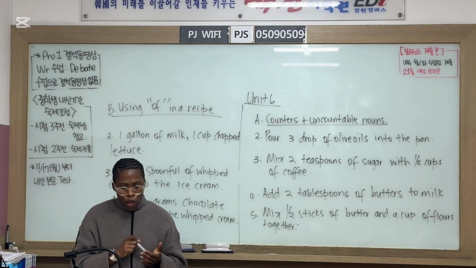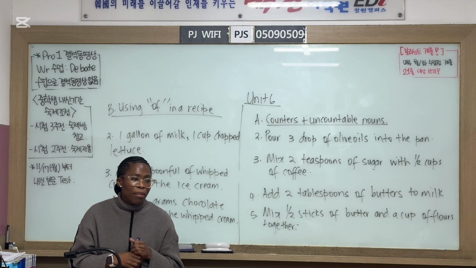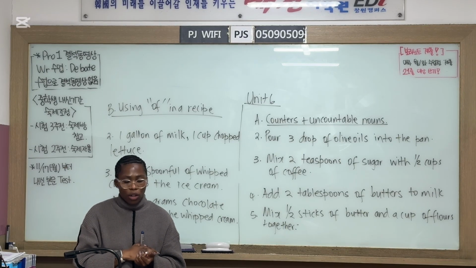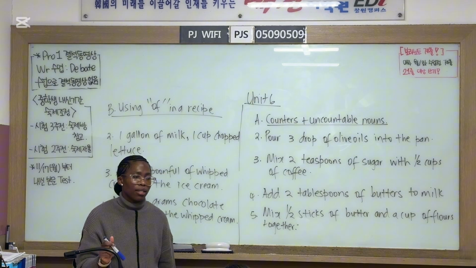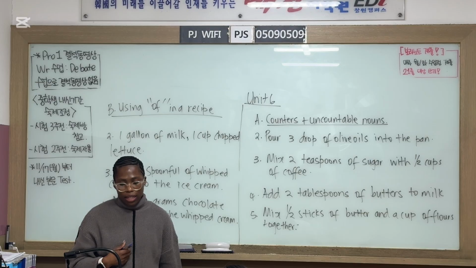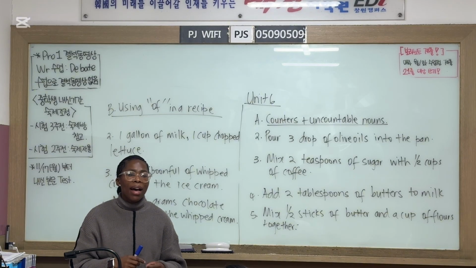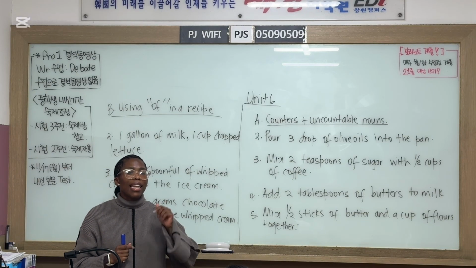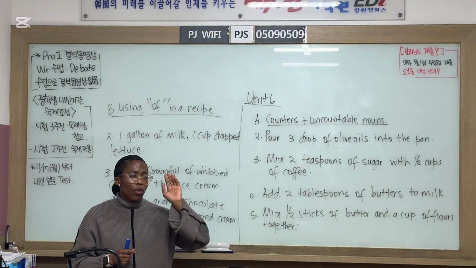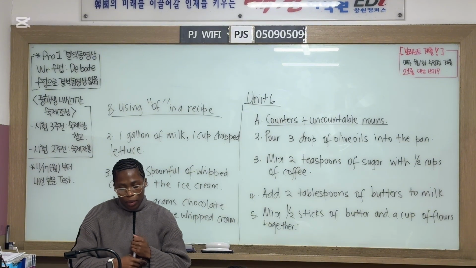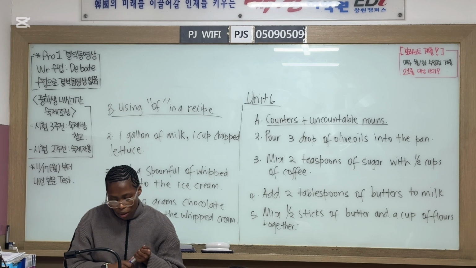Okay? Now let's look at A. Find the mistakes they made and correct them. There are mistakes in these counters. Remember, if a counter is less than 1, like 1/2, which is a half, or 3/4, then plural is wrong.